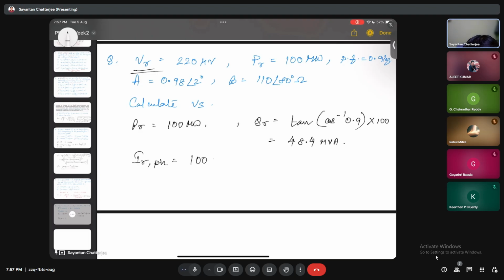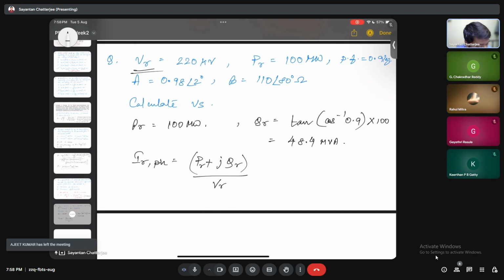So 100 megawatt means, what will be S? We can represent it as P plus jQ, and divide by voltage VR. But this VR is in line.